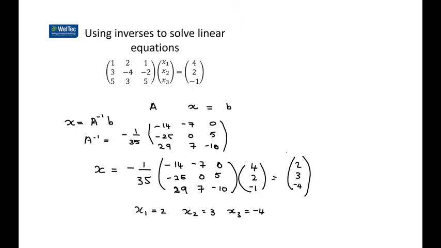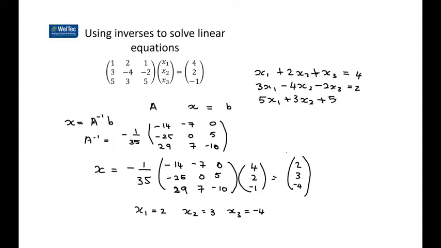So what we've done is we've taken three simultaneous equations: x1 plus 2x2 plus x3 equals 4, 3x1 minus 4x2 minus 2x3 equals 2, and 5x1 plus 3x2 plus 5x3 equals negative 1.